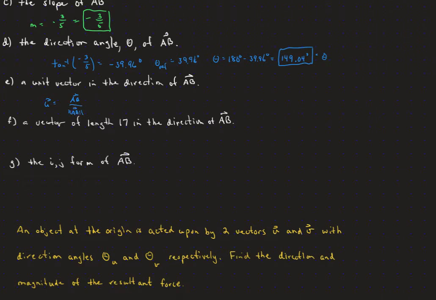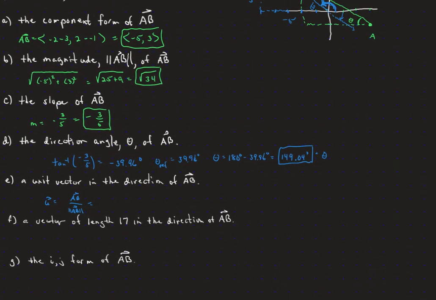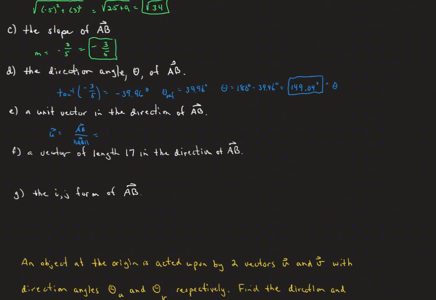And since the magnitude of our vector is the square root of 34, then we're going to get, with our original vector negative 5, 3, negative 5 over the square root of 34, and 3 over the square root of 34, and we have to rationalize.